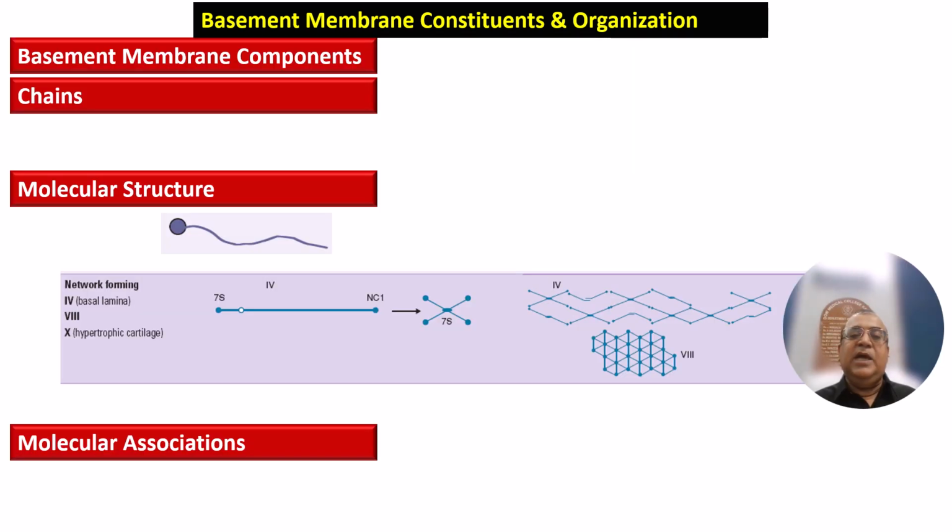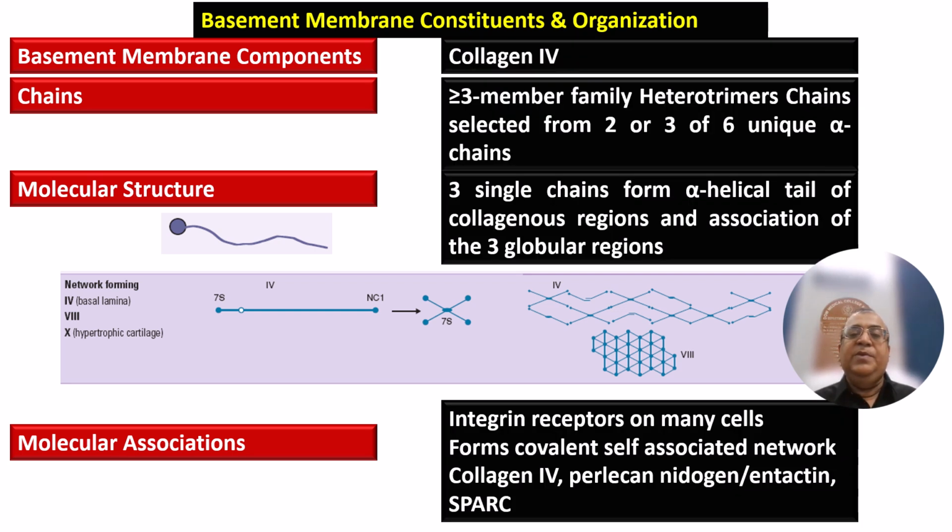So collagen type 4, the major and important part of the basement membrane, is a more than 3-member family of heterotrimeric chains, and it is selected from 2 or 3 of 6 unique alpha chains. 3 single chains from the alpha helical tail of the collagenous region and association of 3 globular regions.